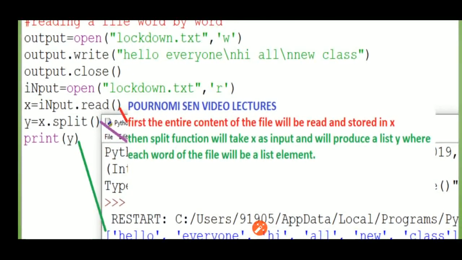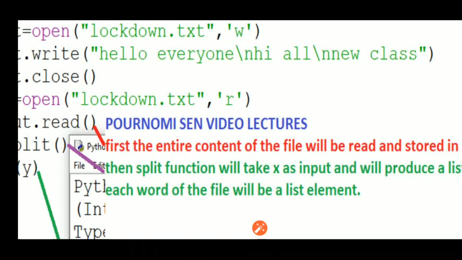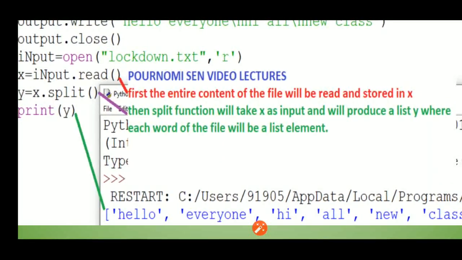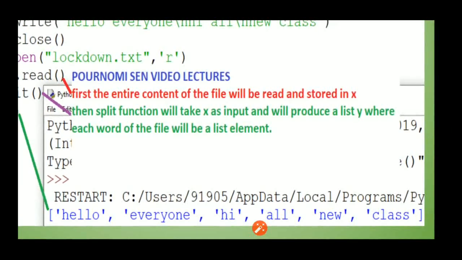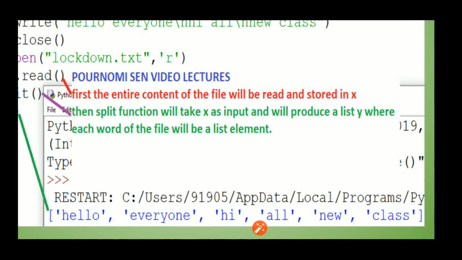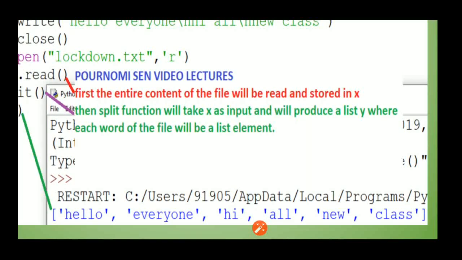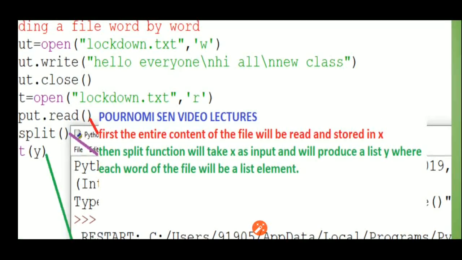It took the entire thing, hello everyone, hi all, new class, as a string as input, and when it produces output after split, it is giving hello. So as you can see, this is a list definitely. So y is a list. The split function is producing a list where each element is a word because they are separated by space.